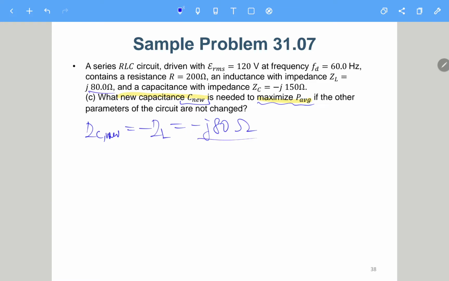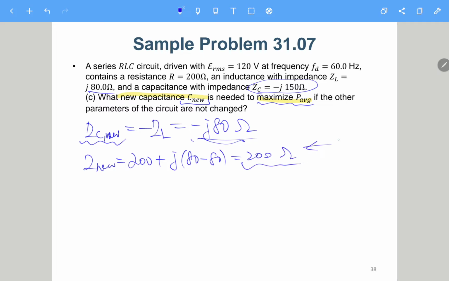Which means that we just replace the capacitor, so that the new impedance of the capacitor is this value, and then in that case, Z new will be 200 plus J, and then 80 minus 80, which is 200 ohm, which is a purely real number.